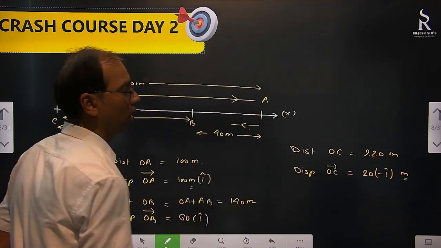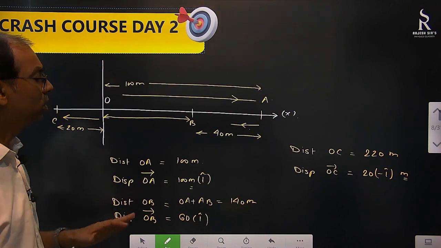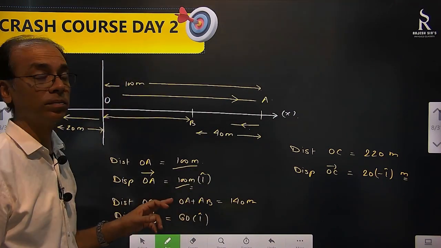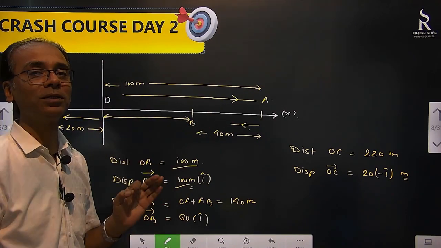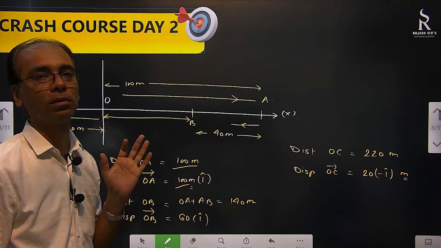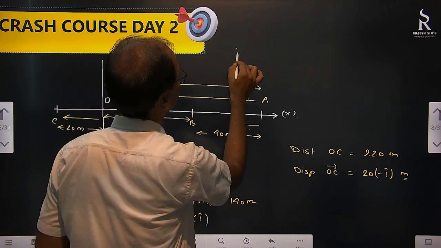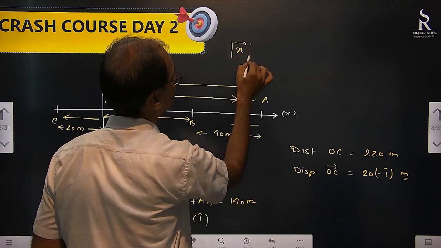So you see how much the difference is between distance and displacement. So what did you understand? Distance and displacement magnitudes are the same if the direction is not changing. If direction changes, displacement is always lesser than distance, right? If I write any x as a vector, that means displacement.